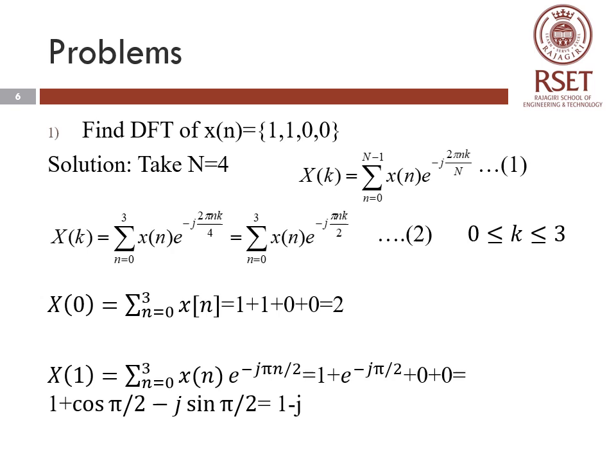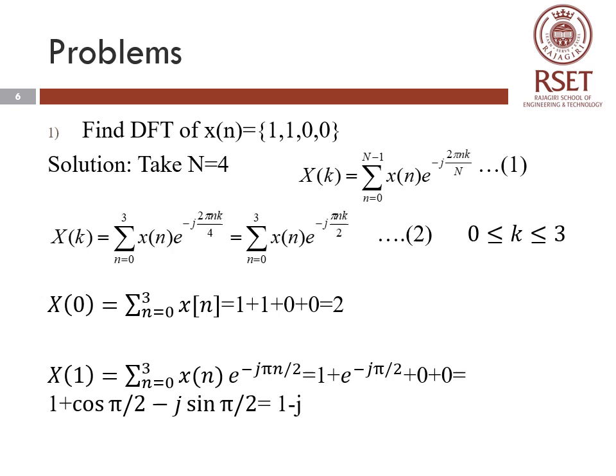Now finding the next term, X of 1 for k equal to 1, which is equal to sigma n from 0 to 3 x of n e raised to minus j pi n into 1 divided by 2. You substitute each of the x values and simplify.